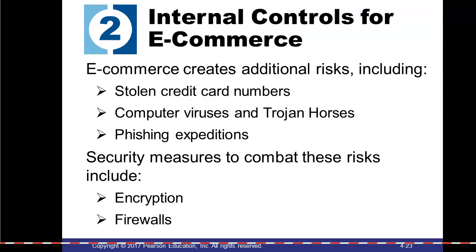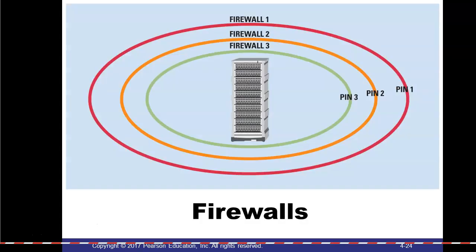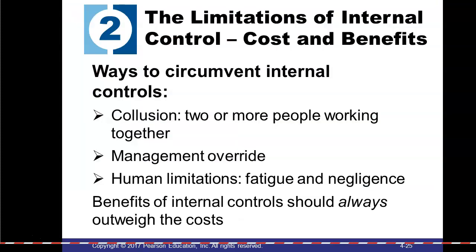You really need to have a strong internal control system in place with your information technology, but you also have to be able to teach your employees what to look for and how to conduct themselves when they're online on behalf of the organization. And again, this is showing firewalls and so forth. I don't want to get into all those details because it's all information technology. The main emphasis here is to ensure that the organization has a certain level of firewall protection to prevent or delay any type of intrusion.